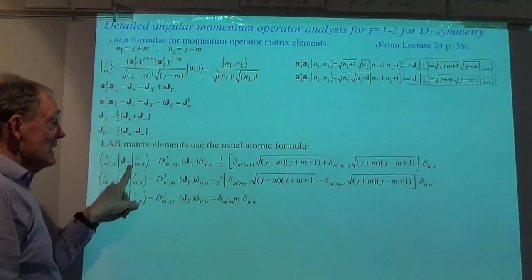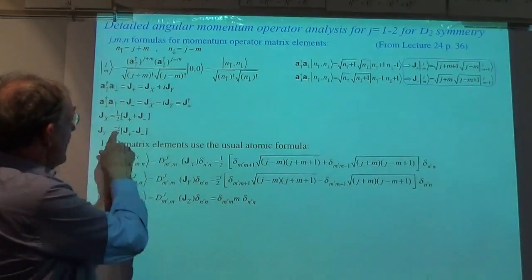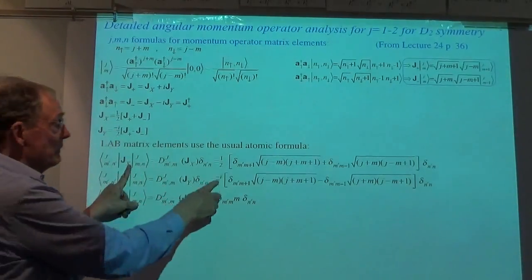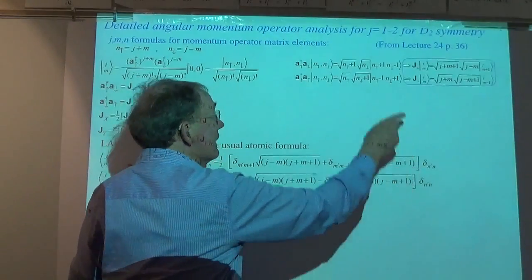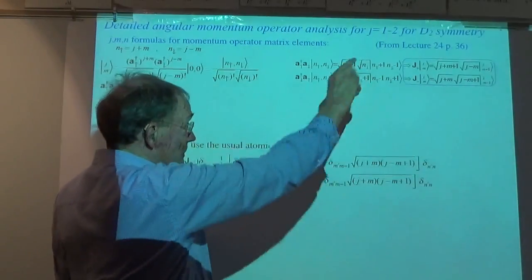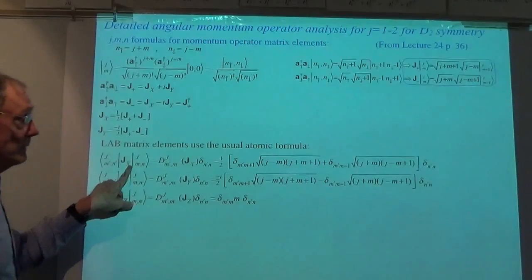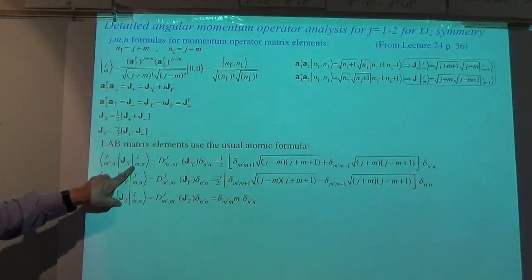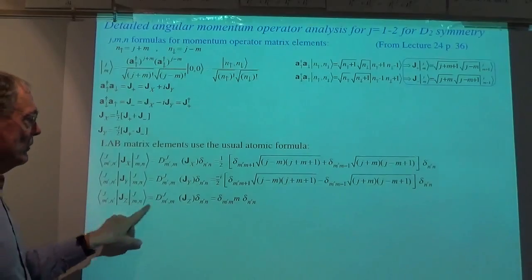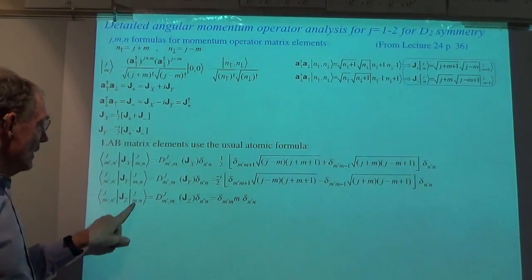Okay, and then this one has a little minus i here, so I got to put that in front, and I would do a difference, you see, of those two matrix, well, they're not eigenvalues, but they're matrix elements.